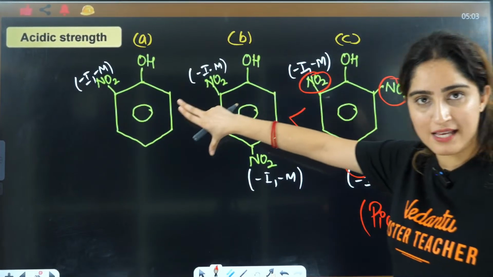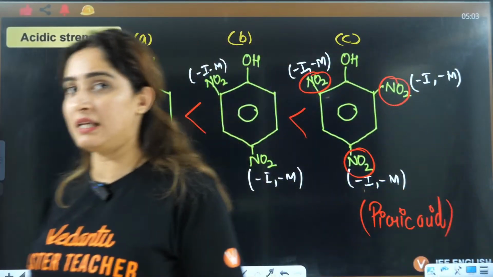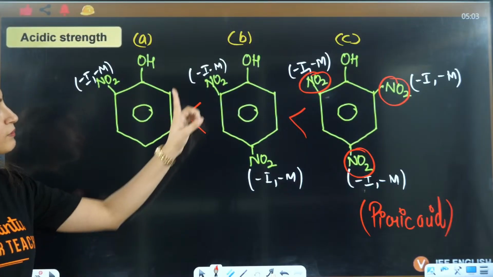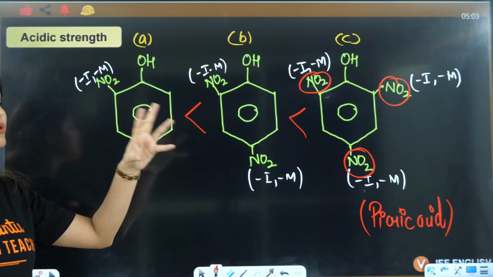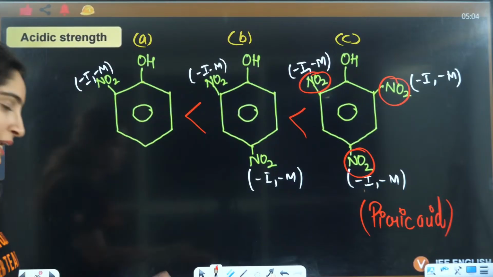Here you have fewer NO2, so it will be less. Here you have only one NO2, it will be even less. And that is the reason the order will be CBA, because the more the number of NO2, the more will be the electron withdrawing nature.